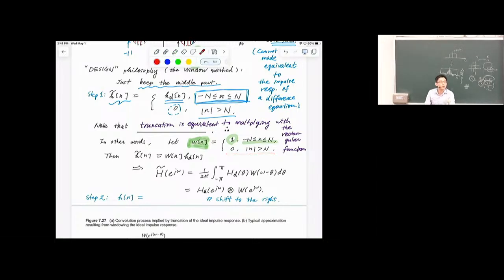So what I just suggested is to multiply our desired function by the window function. They multiply in the time domain, sample by sample. By keeping the middle part, we mean we multiply the sinc function sample by sample with this rectangular window that we just introduced. This function is called the rectangular window.